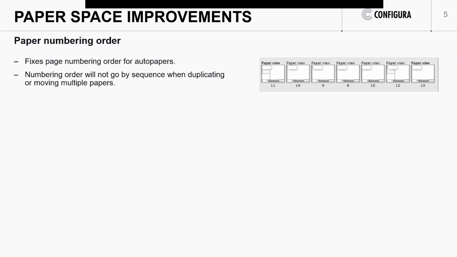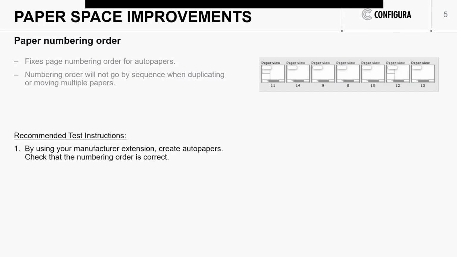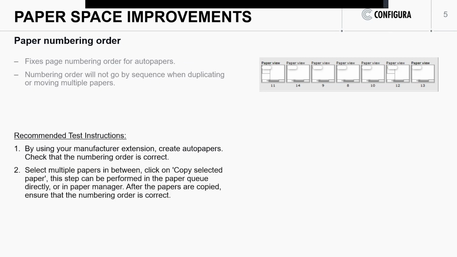If your manufacturer's extension has auto papers, we strongly recommend following these testing instructions. First, by using your manufacturer extension, create automatic manufacturer papers. Check that the numbering order is correct. Then select multiple papers in between. Click on copy selected paper.